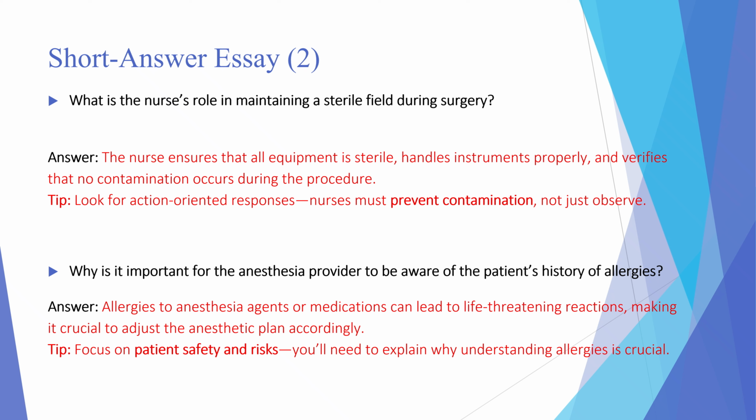So the tip is focus on the patient's safety and risk. The previous chapter and this chapter talk about allergies a lot, and always when you see a patient, you ask about allergies. What are your allergies? Food, medication, environment.